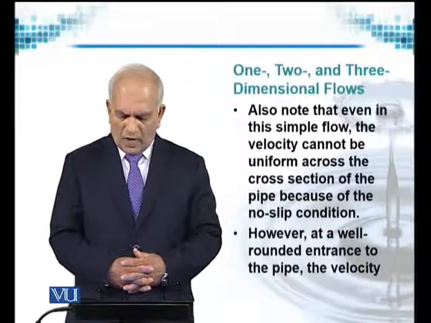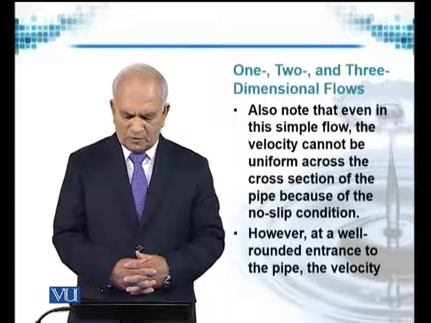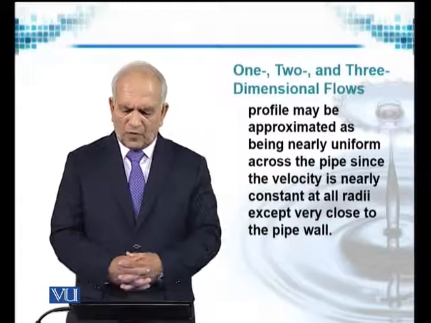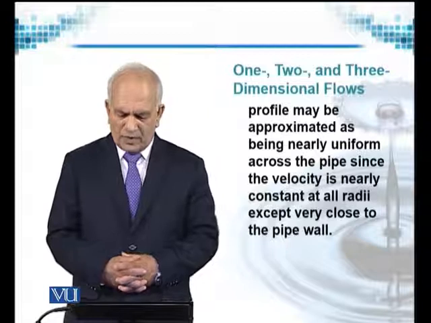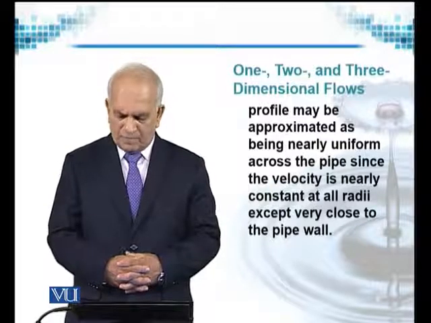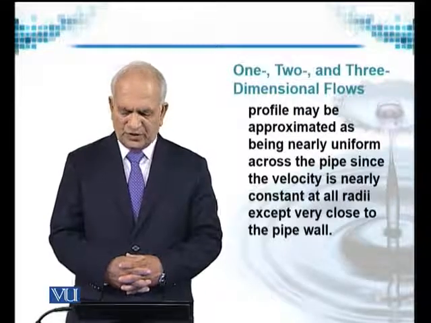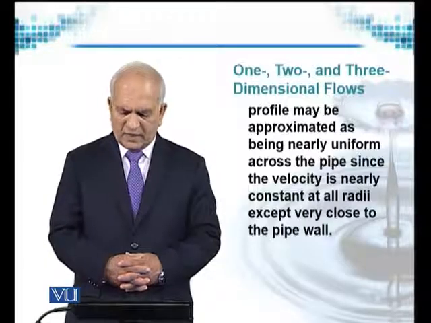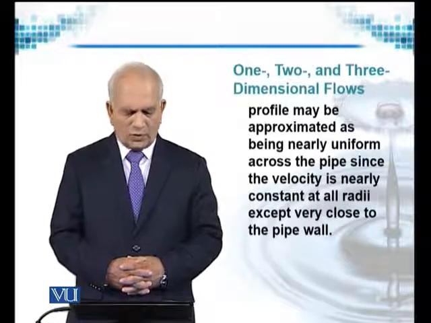However, at a well-rounded entrance to the pipe, the velocity profile may be approximated as being nearly uniform across the pipe, since the velocity is nearly constant at all radii except very close to the pipe wall.